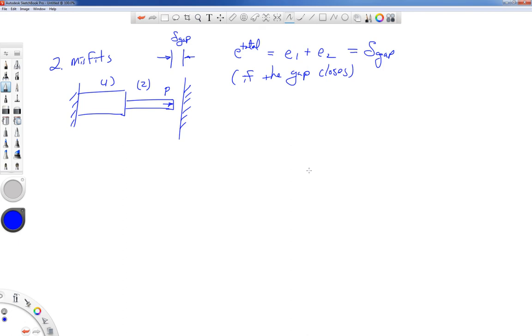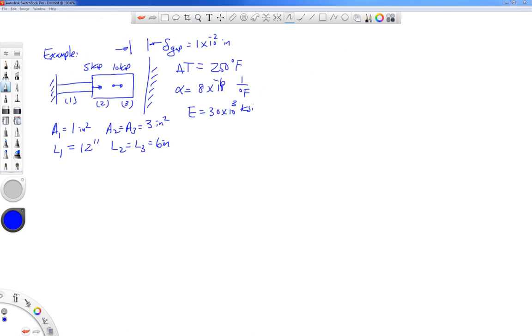All right, let me set up a problem, and we'll take a look at an example. All right, so I got this set up. So let's take a look at this one. Here's a structure that's composed of 3 pieces that are hooked together. There's a couple loads on it, 5 kips and 10 kips. And we're also going to throw in some temperature change of the whole system of 250 degrees Fahrenheit.